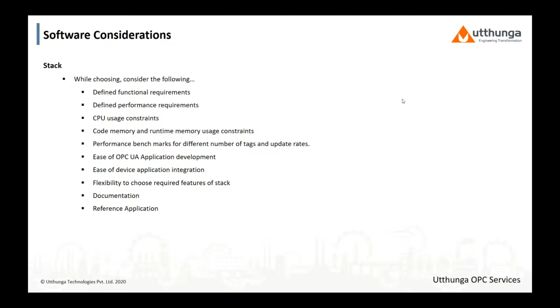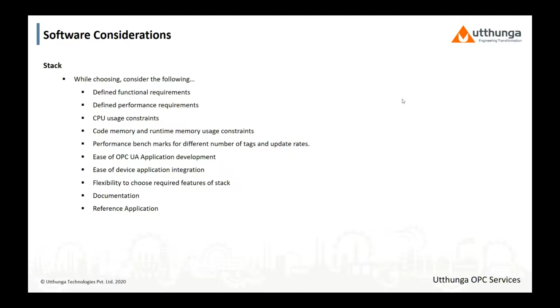And flexibility to choose different features of the stack. The stack may come with full features, but for your product, you can enable only what is required and exclude the remaining features. How easy is it to do? If you comment out a function and expect everything else to work, is it designed that way, or can you eliminate a specific feature at compile time itself?